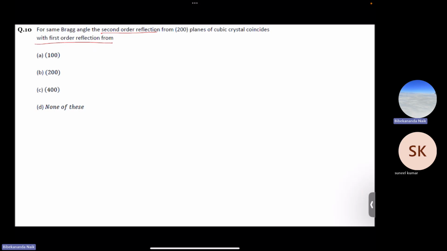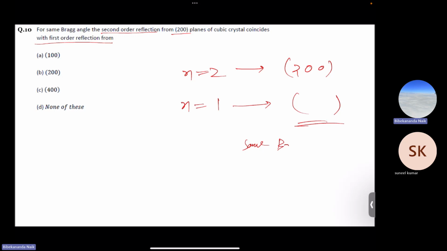So n equal to 2, the plane is 200, then n equal to 1, what will be the plane? So that both have the same Bragg's angle theta. So theta 1 is equal to theta 2.